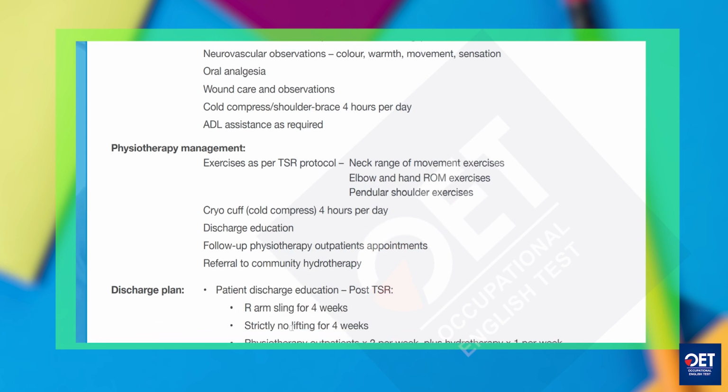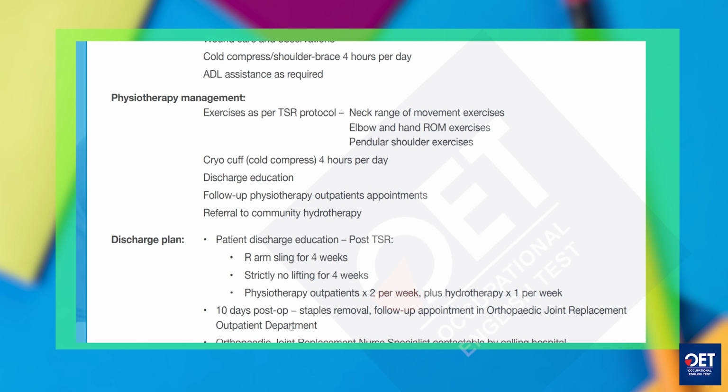Discharge plan: patient discharge education post TSR, right arm sling for 4 weeks, strictly no lifting for 4 weeks, physiotherapy outpatients twice per week, that is 2 outpatient sessions per week, plus hydrotherapy once per week. 10 days post-operatively, staples removal and follow-up appointment at the orthopedic joint replacement outpatient department.